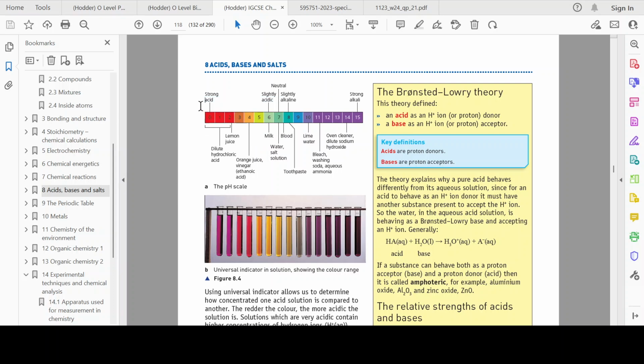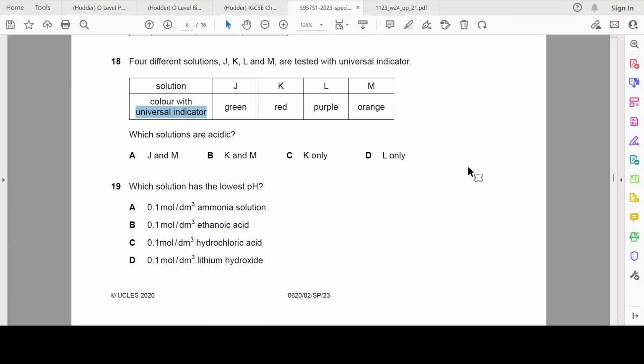Well, not 7 actually, up till 6. So knowing that color range would help.